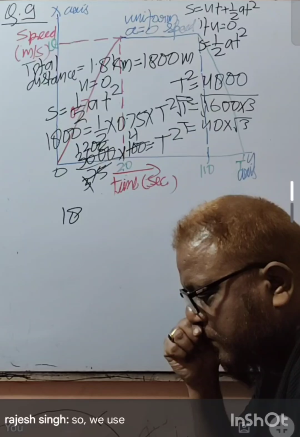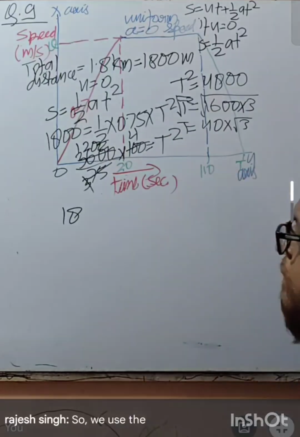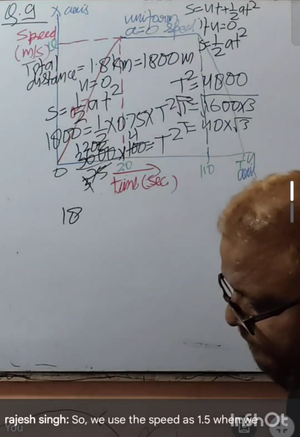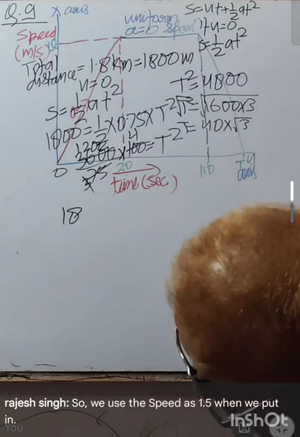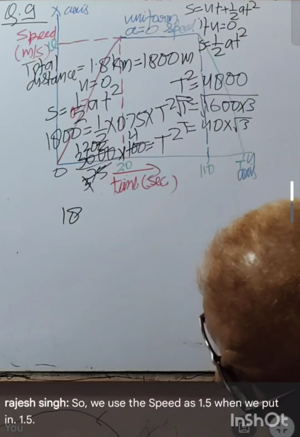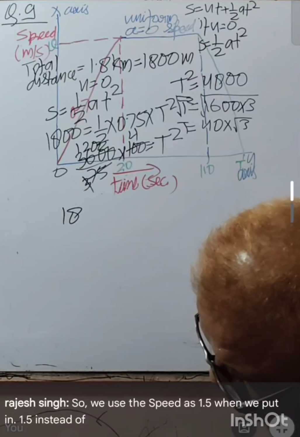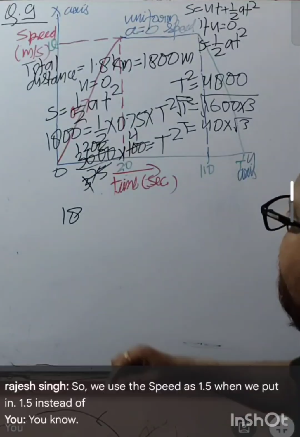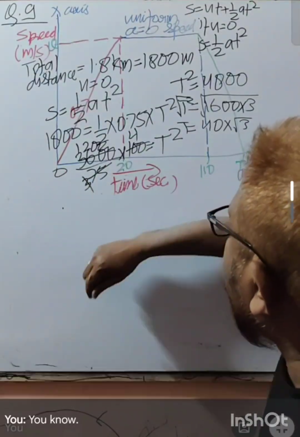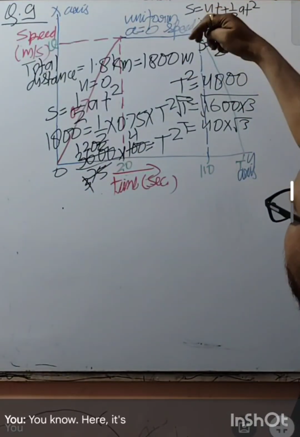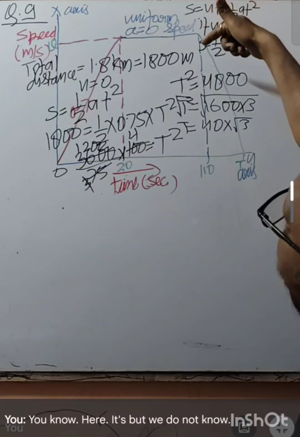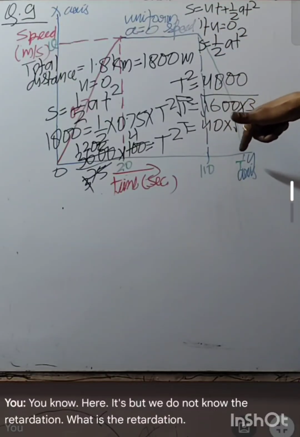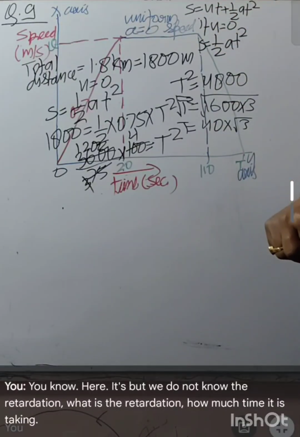So we use the speed as 1.5 when we put in 1.5 instead of... but we do not know the retardation. What is the retardation? How much time is it taking? So we can't get that.